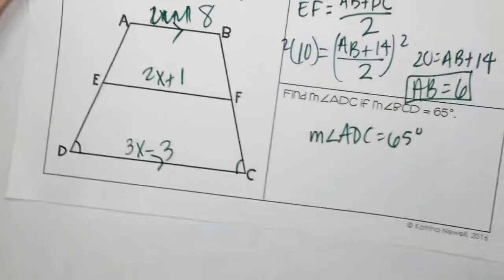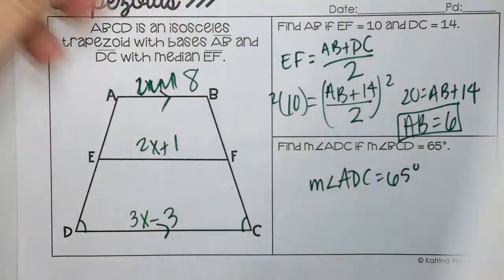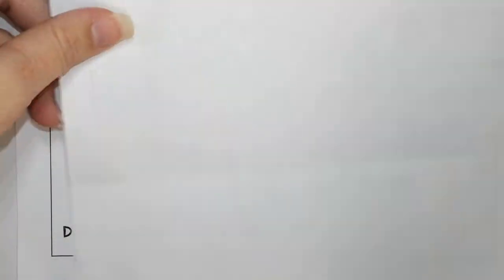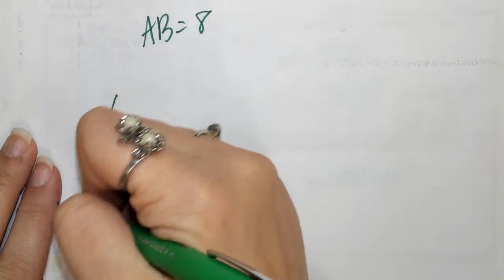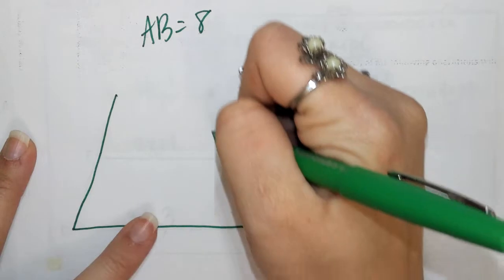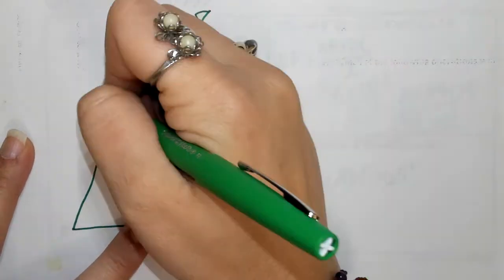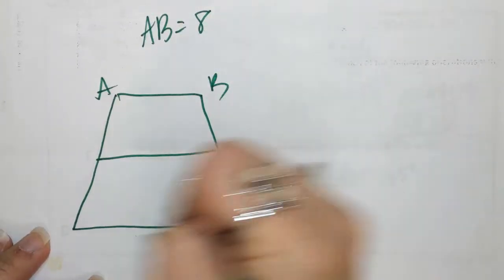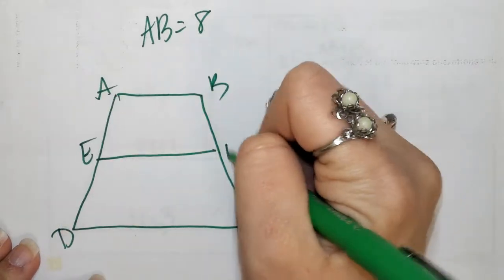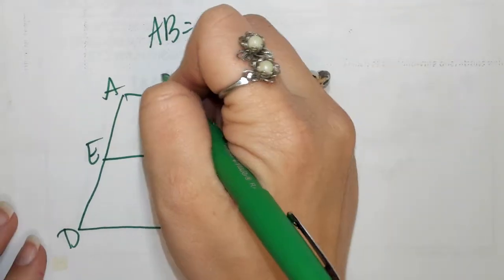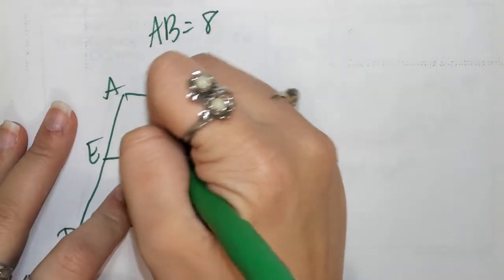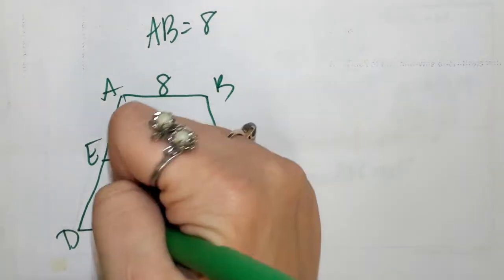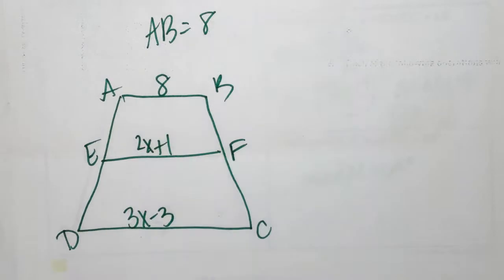Alright, so this is the problem that we have now. And I'm going to rewrite it here because I'm out of room. So we have AB is 8, EF is 2x plus 1, and DC is 3x minus 3.